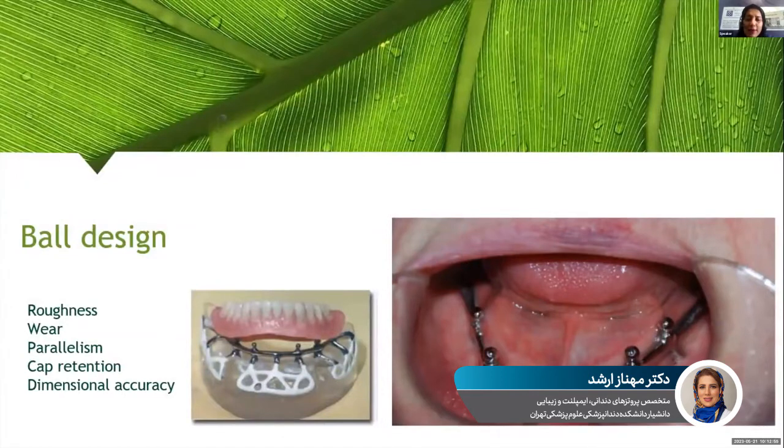And we have some problem with this kind of feature, because of the roughness of the ball, because the ball is made with the casting procedure.